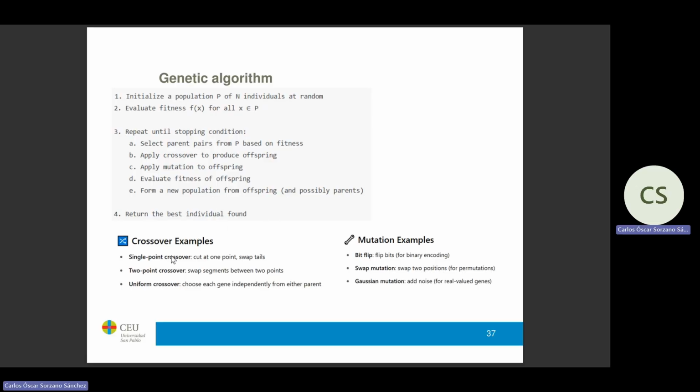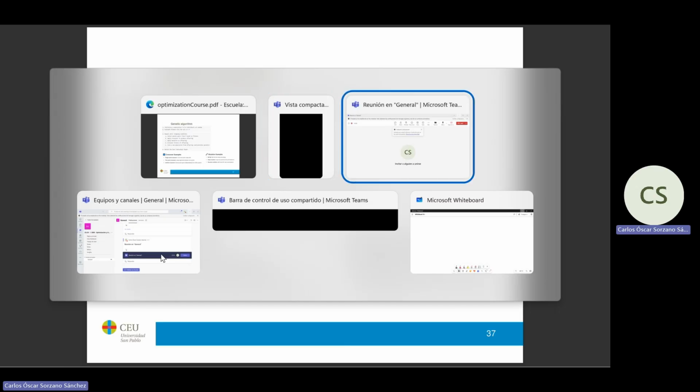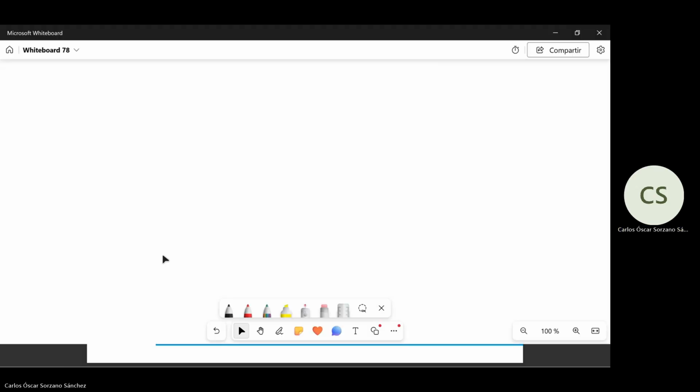Then, for instance, how to do this crossover? You can do a single point crossover. So let's say one of the parents is 0, 1, 1, 0, 0.